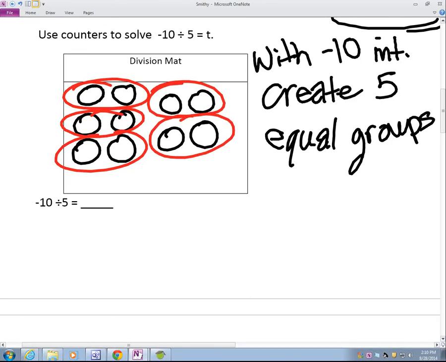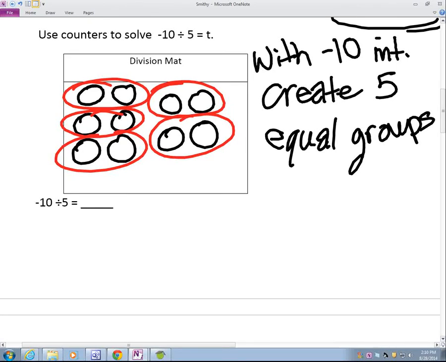So I've created 5 equal groups. How many are in each equal group? 2. Wrong. Wait for it.